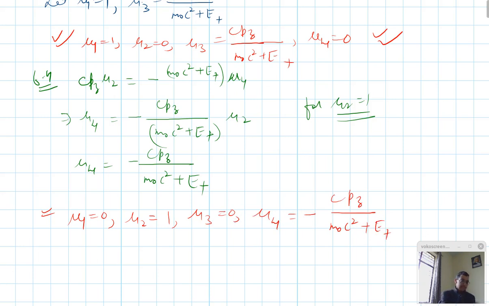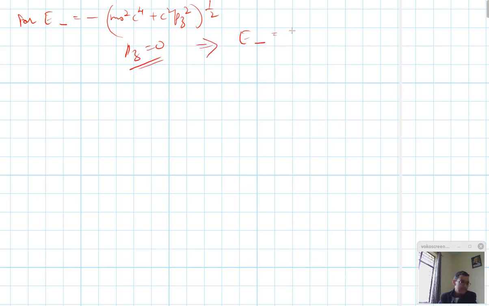Right? So now for the next part, for E minus equal to the square root of m₀²c⁴ plus c²pz², raised to power 1 by 2, and for pz equal to 0 as we treated in the earlier case, E minus is equal to minus m₀c².